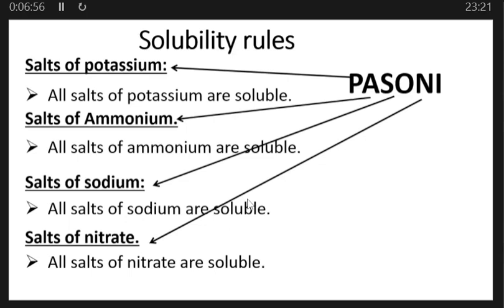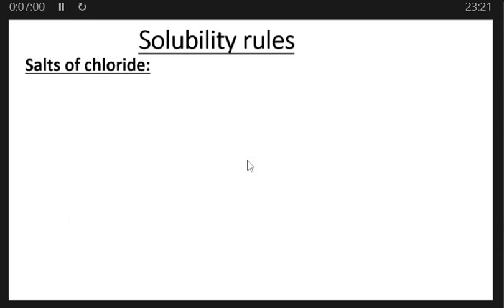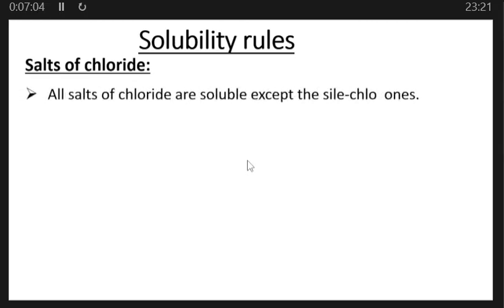All right, so let's look at salts of chloride. We say that all salts of chloride are soluble except the "sour chlor" ones.